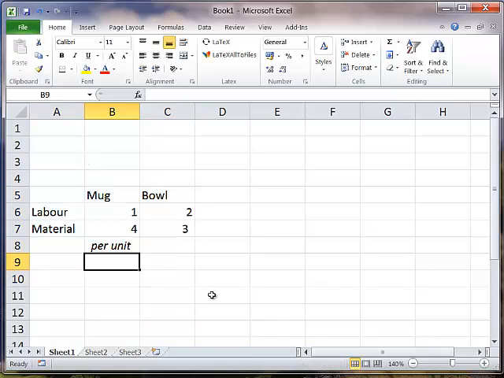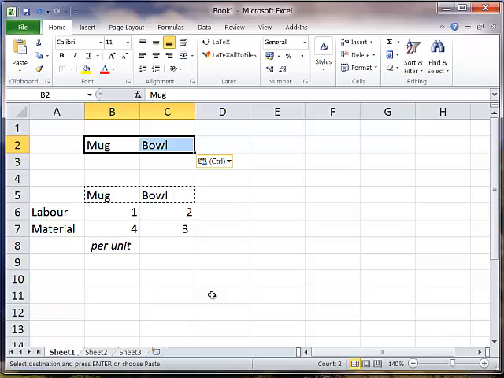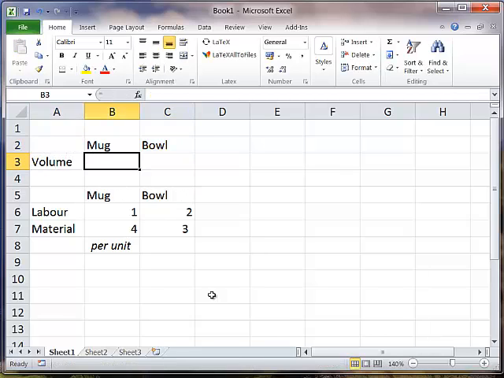So what do we want to decide? We want to decide how many mugs and how many bowls we shall actually produce, so the volume, the quantity. So I'm just going to enter some arbitrary values, which are 10 mugs and 5 bowls.